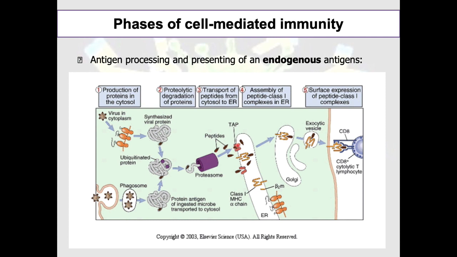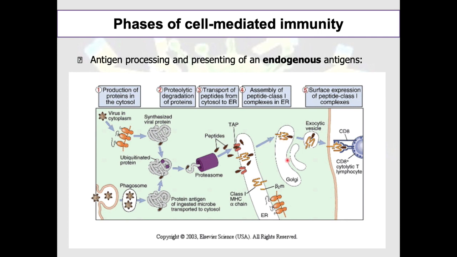So the peptide enters the endoplasmic reticulum. In the endoplasmic reticulum, it has synthesized MHC class 1. So they bind together here, and when it binds, it will be transported to the Golgi apparatus by vesicles.